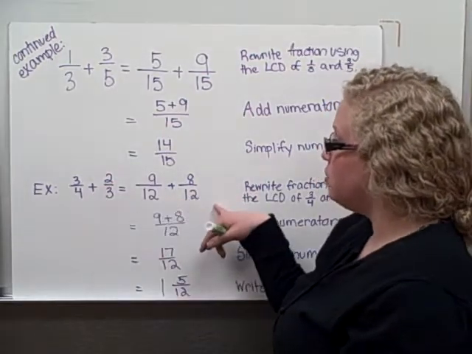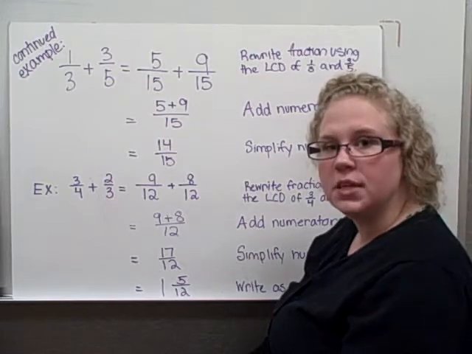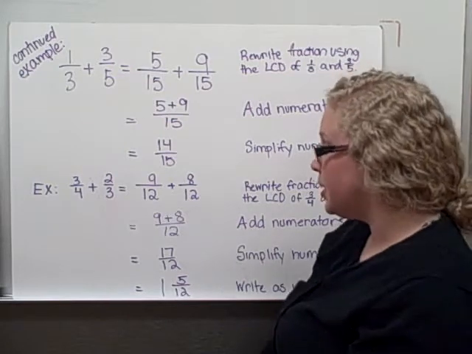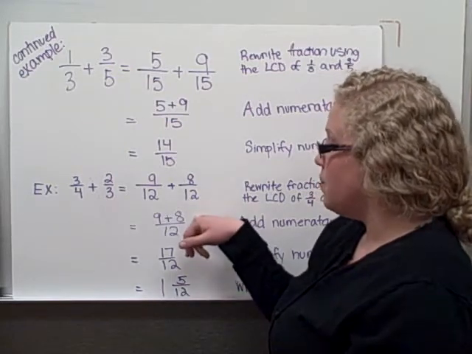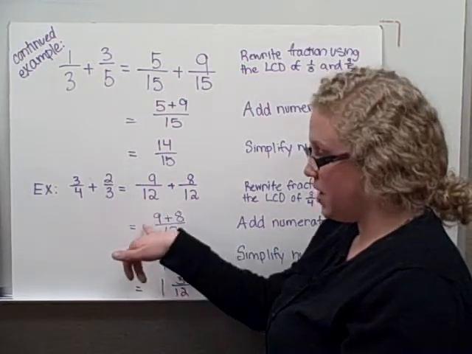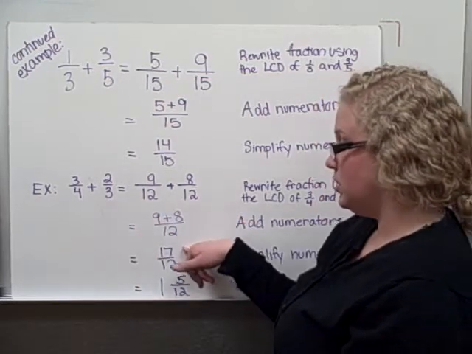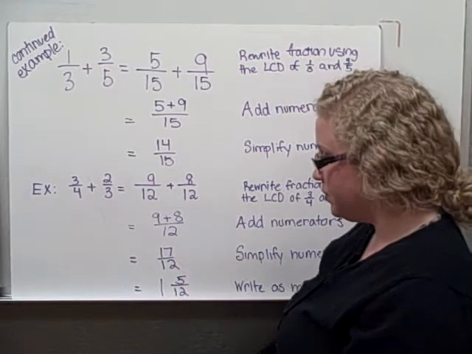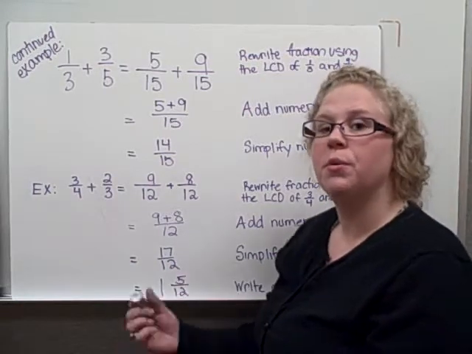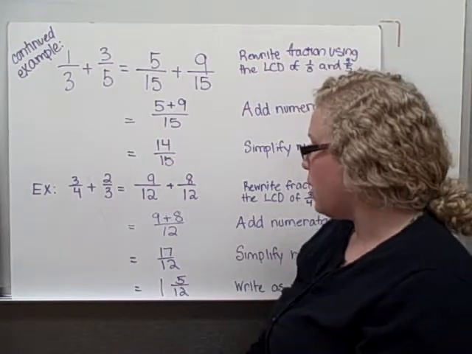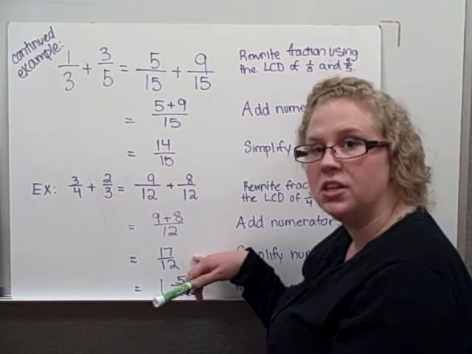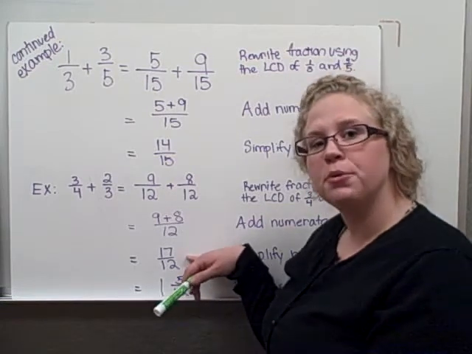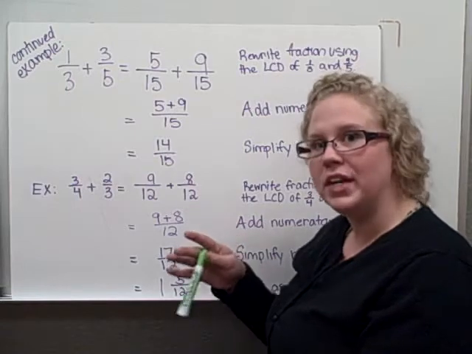Now we have 9 over 12 plus 8 over 12. Since they have the same denominator, we can go ahead and add the numerators. 9 plus 8 is equal to 17 over 12. Now with 17 over 12, the number on the top is bigger than the number on the bottom. We call this an improper fraction. We never want to leave our answer in an improper fraction unless it's all right to do that.